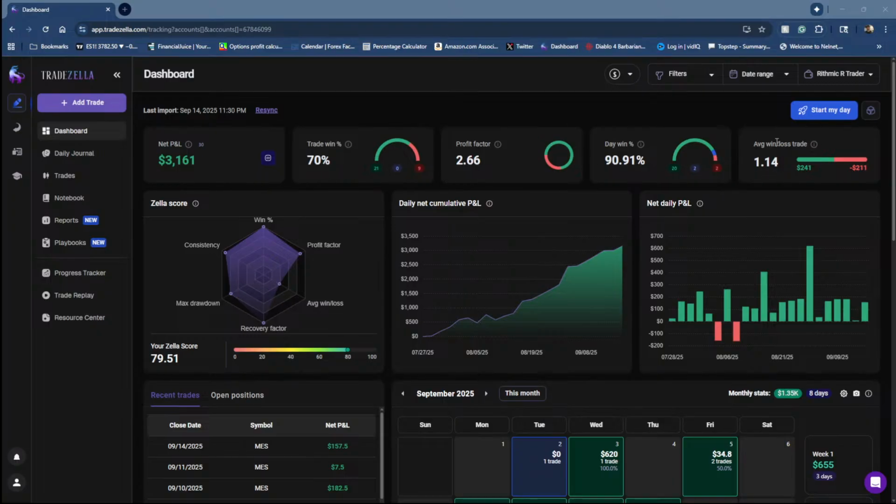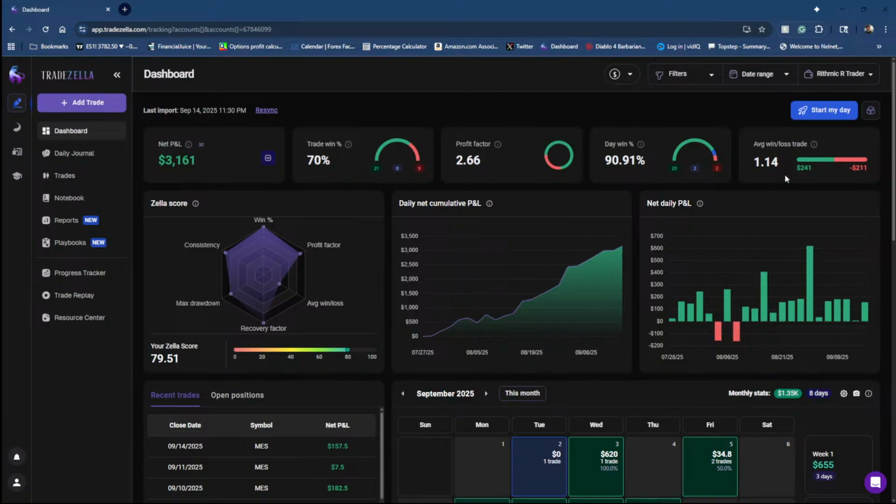Unfortunately, this doesn't do math very well, because it's saying that I'm only making $1.14 for every trade won or lost. But that's not the reality, because every trade is not the same size. My take profit level and my stop loss might be smaller on one trade and larger on another.